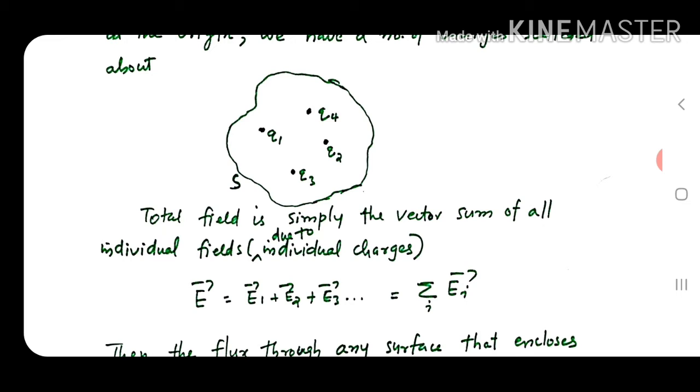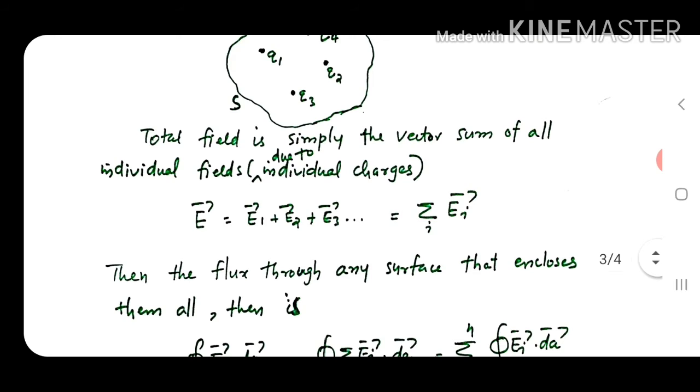So q1 will have a field around it, q2 will have a field around it, q3 and q4 also will have fields around them. The total field is simply the vector sum of all individual fields, isn't it? Because we have the superposition principle.